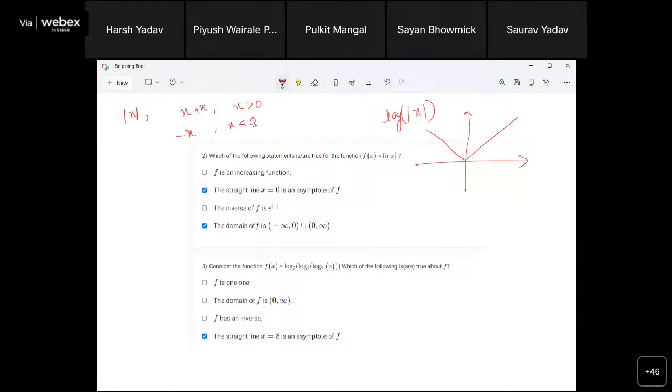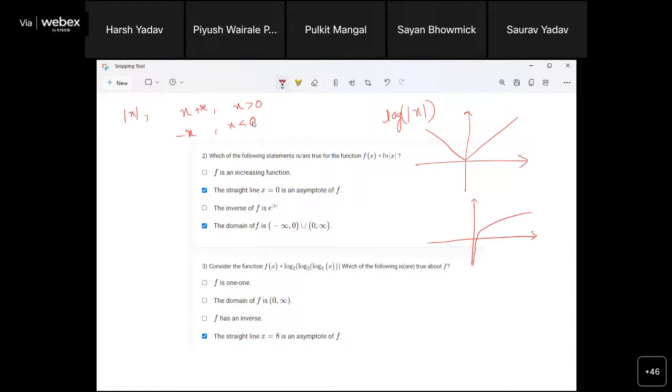For the positive direction of x, it will be like this.